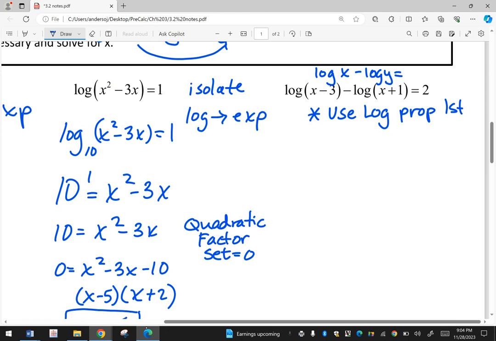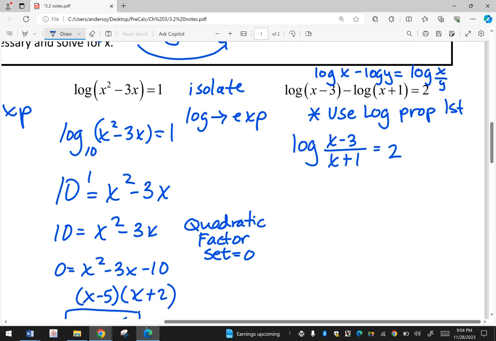And remember, if it has subtraction, when we bring it together, it creates a division problem. So if I write this as log of x minus 3 divided by log of x plus 1, I can group that log together, and now I can solve it.